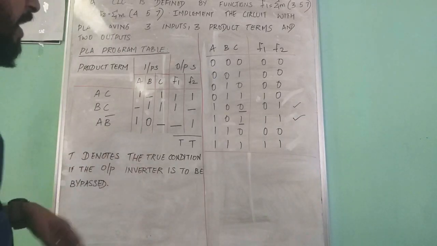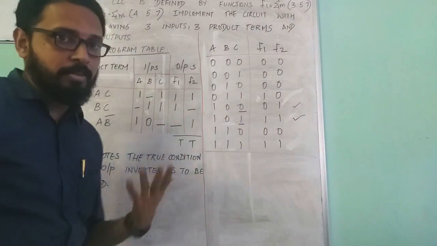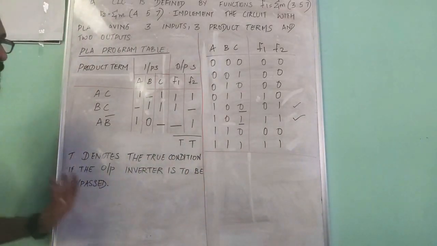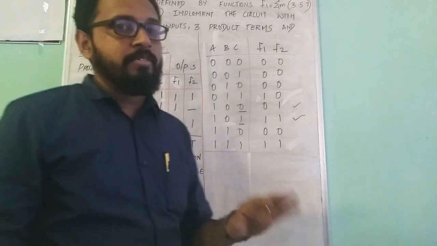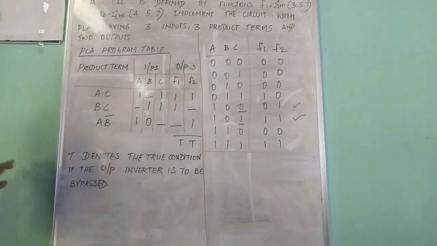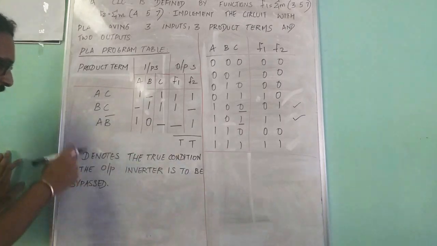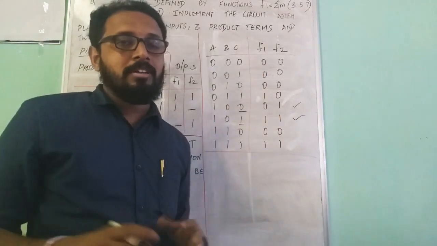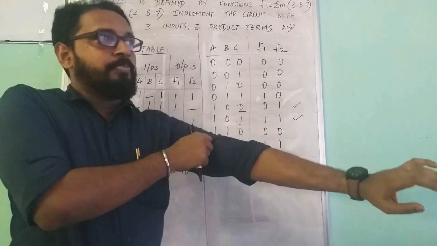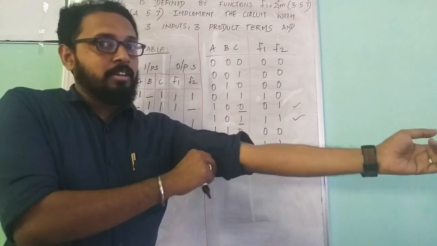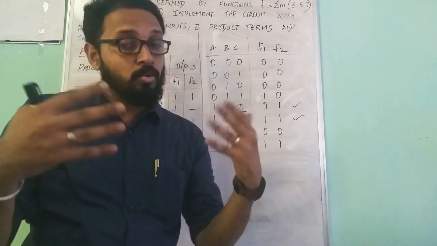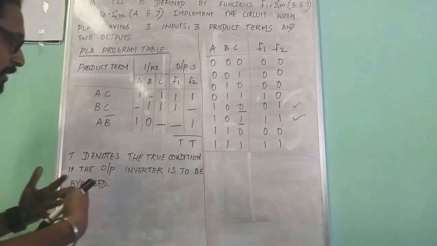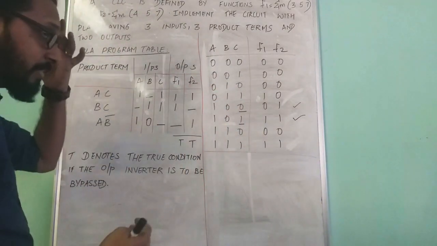Okay, and I have put a value T. It's not so important, but at times we find in problems, in textbooks, we have written the variable T. T denotes the true condition if the output inverter is to be bypassed. If you have confusion, bypass means, in the final figure we can understand how they got bypassed, how they have a connection.